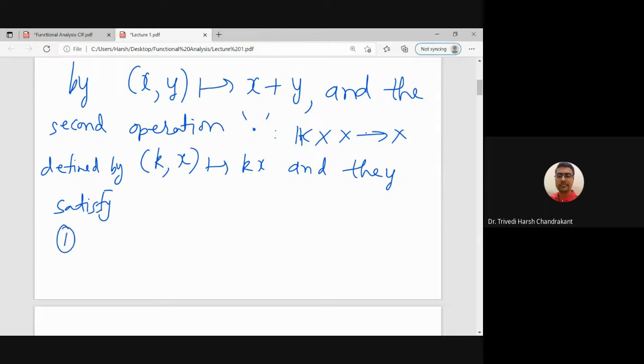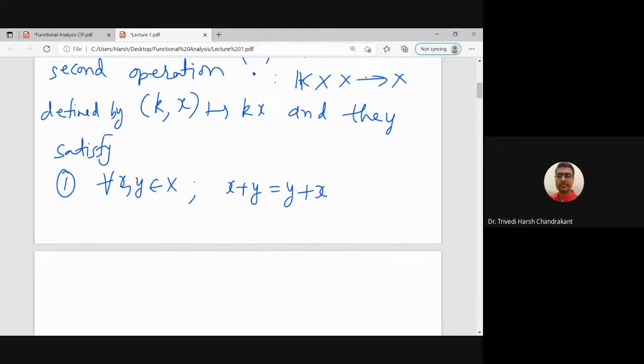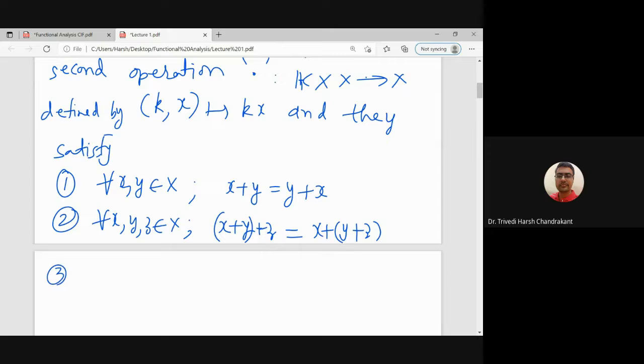So there are 8 axioms. First axiom is that for every x and y in X, we have x plus y is y plus x. So that is called commutativity with respect to addition. Then we have associativity. Then we have existence of zero element in the set, so that x plus 0 equals x equals 0 plus x.